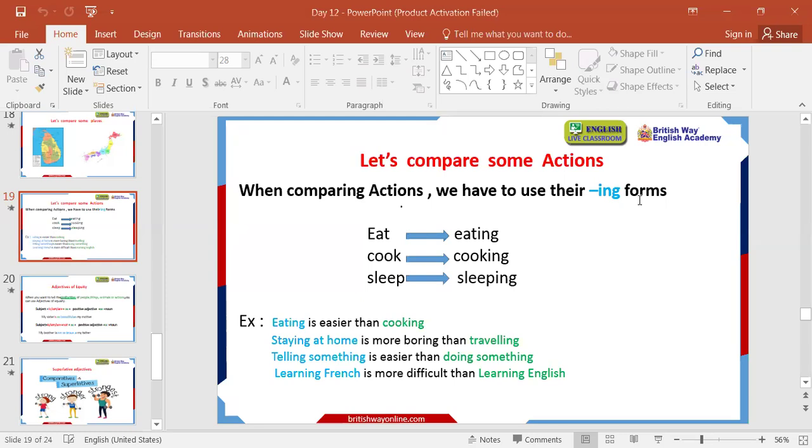Tell me more examples with the gerunds. Walking is easier than running. Eating vegetables is healthier than eating junk foods. Drinking water is more important than drinking soda. Studying is more difficult than learning.